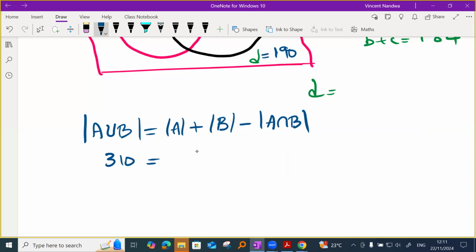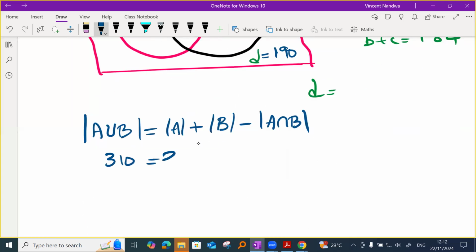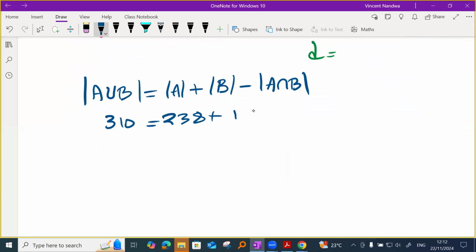The cardinality of A is 238. The cardinality of B is 184. Then minus the cardinality of A intersect B.